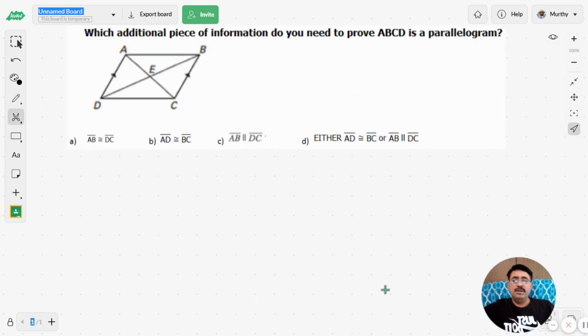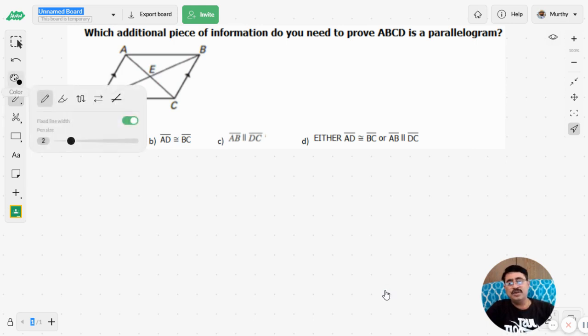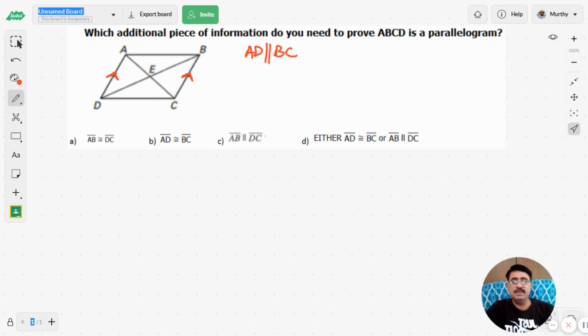In this question, which additional piece of information do you need to prove ABCD is a parallelogram? In fact, it is a tricky question because you have to study the diagram carefully. I see that these markings indicate that AD is parallel to BC. So AD is parallel to BC.